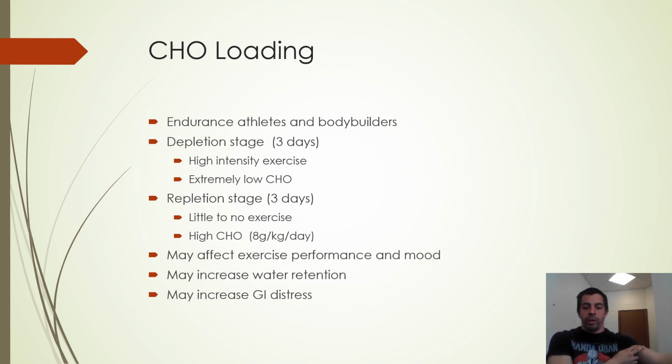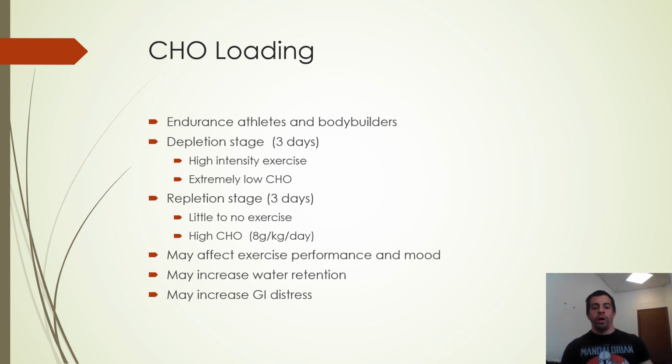This creates in the bodybuilding world what we would call a fuller look. The muscle might actually look bigger because you're storing more glycogen within the muscle. And bodybuilders, of course, would always like a bigger look, right? So that's another population that might actually utilize a carbohydrate loading protocol.